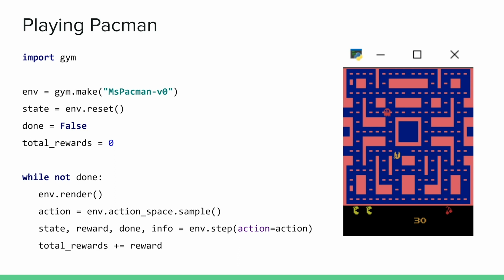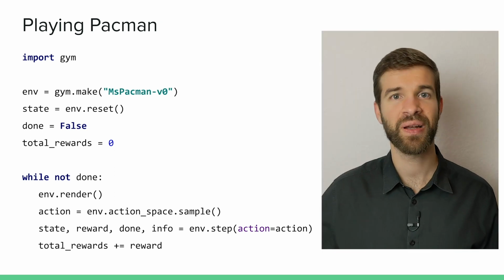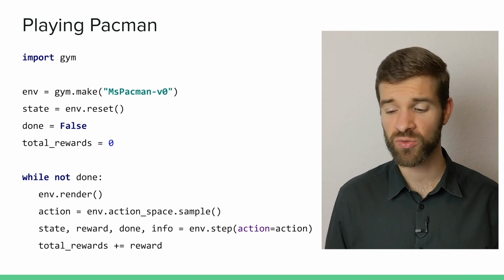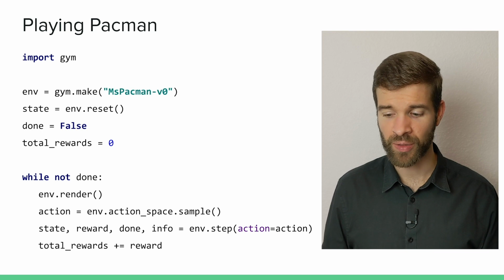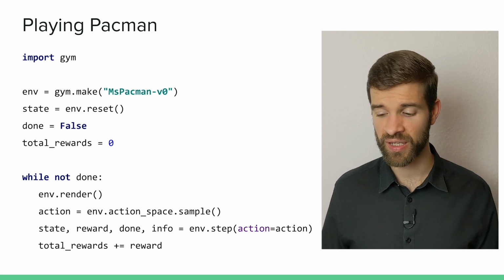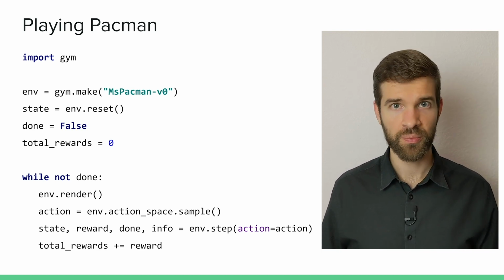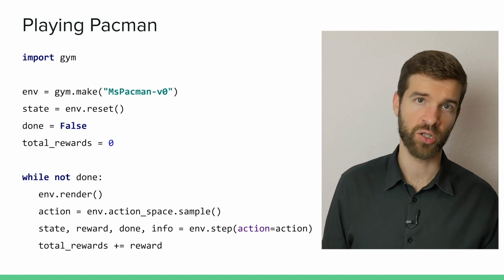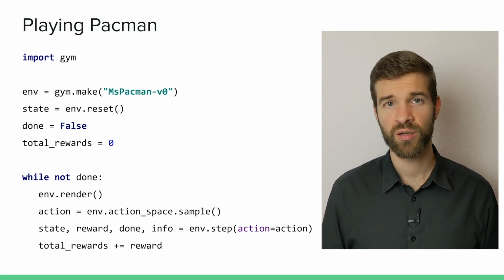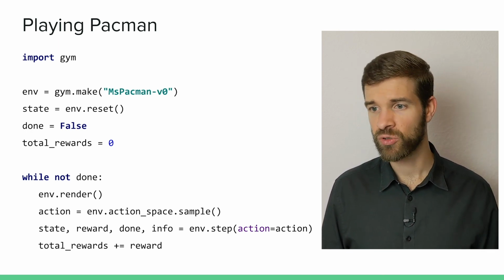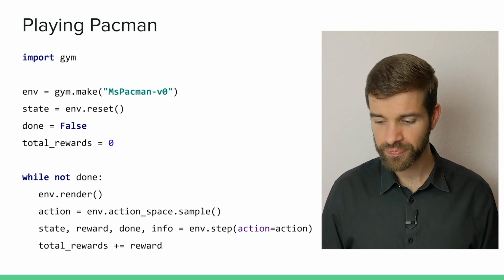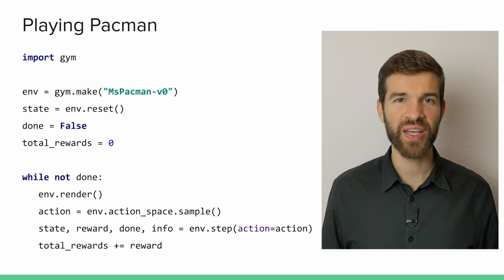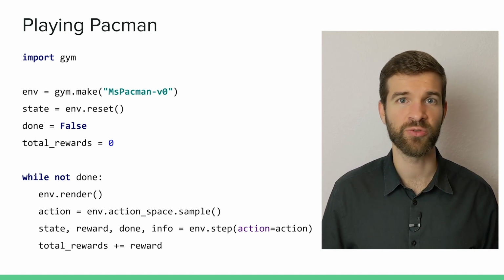So what we do is we render it, so we display it. If we don't want to render it, then we don't need this command. And then we sample from our action space. Our action space are all of the actions that we can take, like go left, go right, up, down, or stand still, maybe, if that is also possible. The easiest way to play here is just to take a random action.